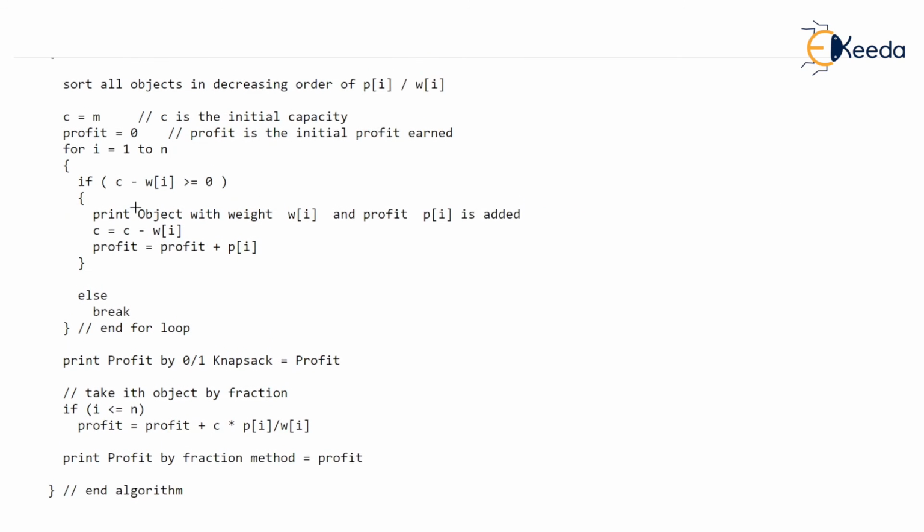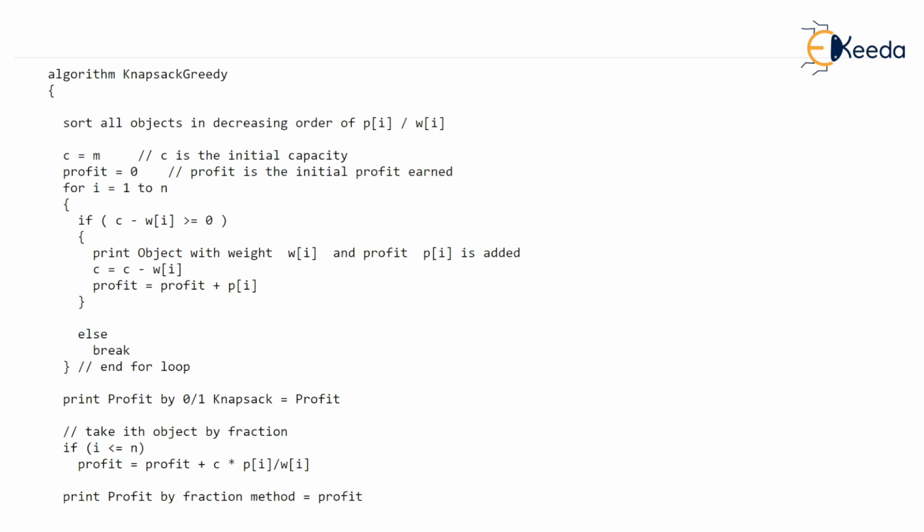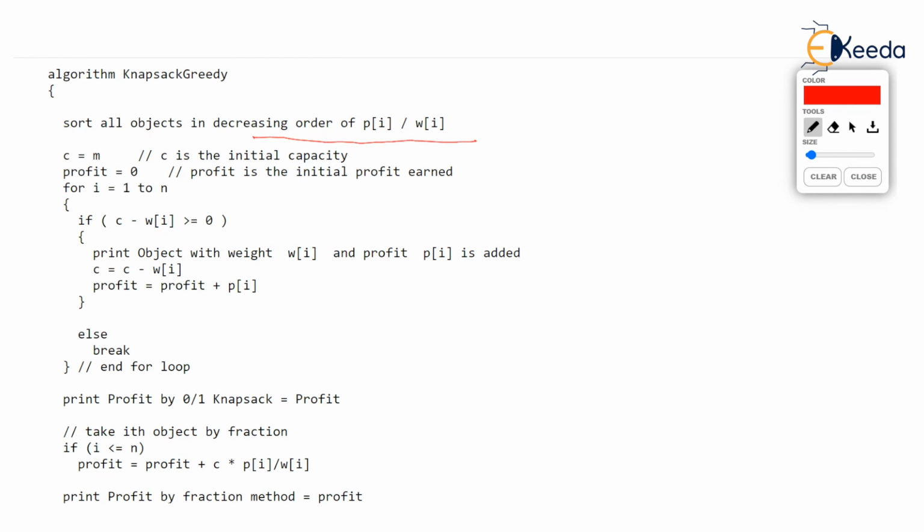What is the analysis of this algorithm? If you see the time complexity, the sort step is going to take n log n, assuming that you have used quick sort or heap sort. Then observe the for loop.